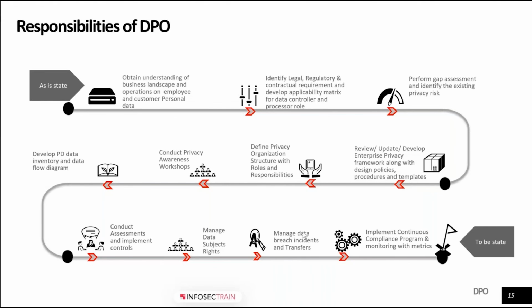And the last is implementing your continuous compliance and monitoring, right? With metrics being defined. This is again a very important element, where, as I told you, it's a journey, right? People shouldn't be mistaken that there are some fixed templates we throw and then say that we are certified to the DPDP Act, we are certified to GDPR. Those are all myths, right? If you want to be compliant, it's a continuous journey. It's only the start of a process when you start doing all these things.